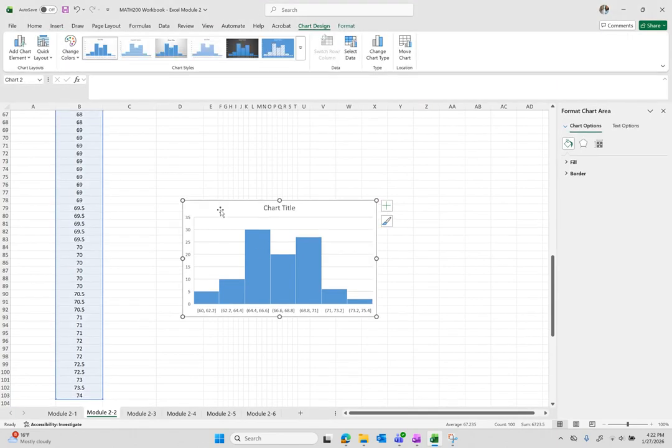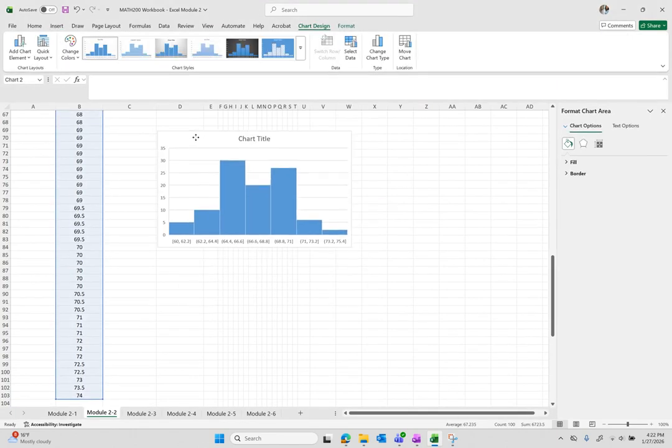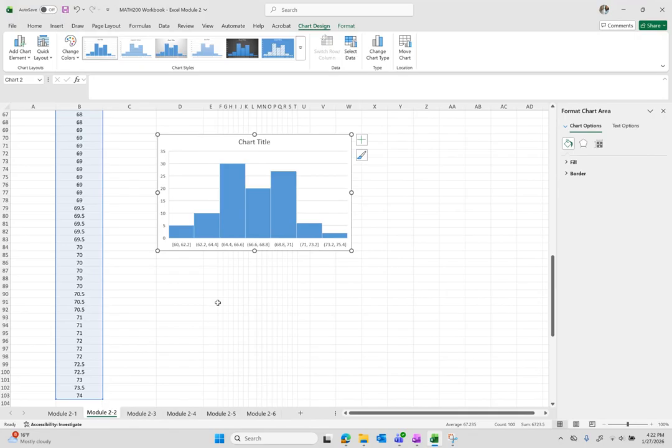then Excel is going to make some decisions without us. And one of the decisions, for example, is to create a histogram that has 7 bins and to start at 60 instead of 59.95.